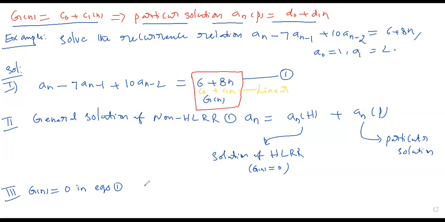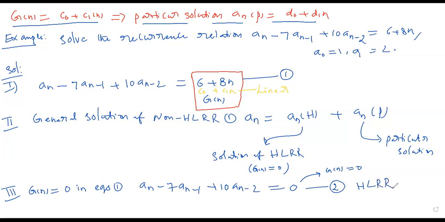The remaining part is a_n minus 7 a_(n-1) plus 10 a_(n-2) equals 0. This is equation 2, also called the homogeneous linear recurrence relation.